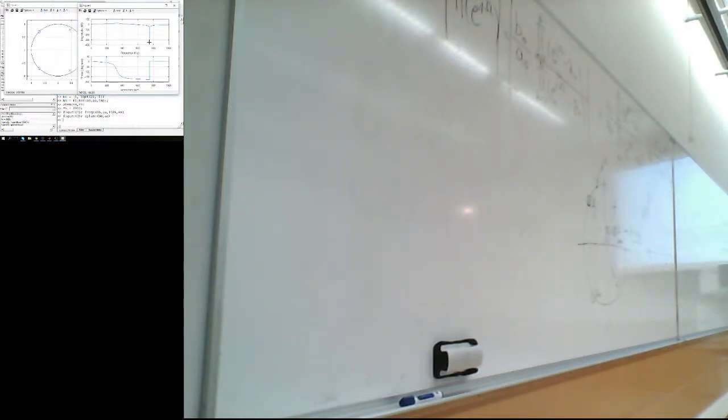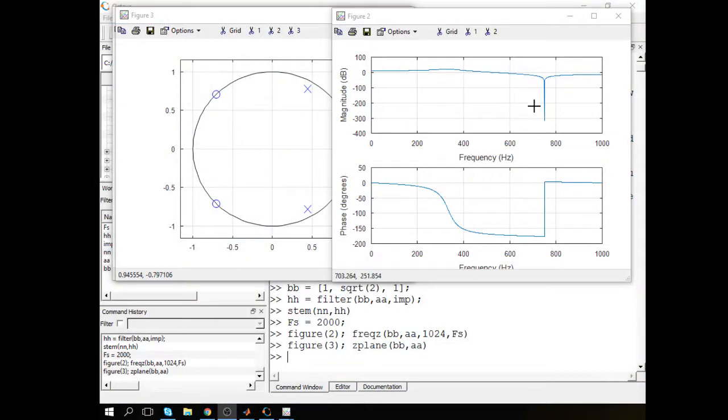And as you can see, there's that one notch, meaning the frequency goes to 0 at that angle, 3 pi over 4 right there. And this one is exactly the same as the angle of this zero.